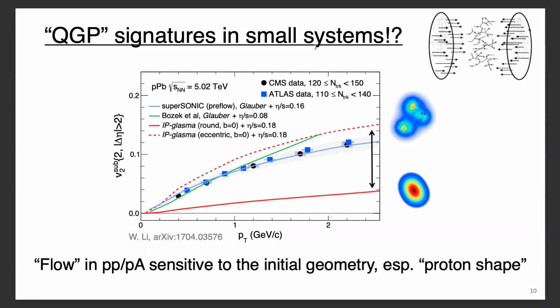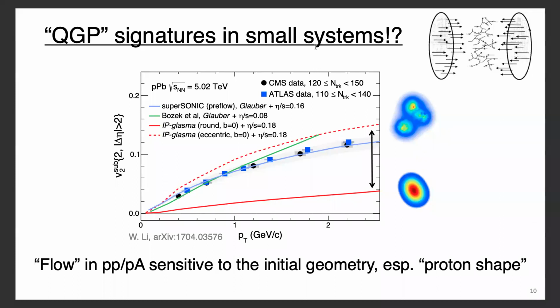That's something you don't have to vary too much in the large system. You just assume they are spherical, right? However, if proton collisions have V2, V3, and all harmonics, we have to get the shape of the proton correct.